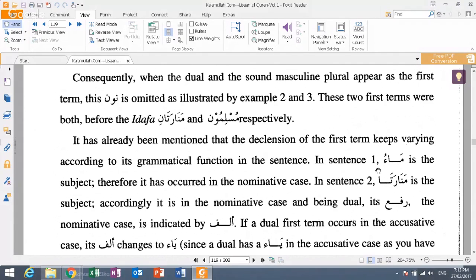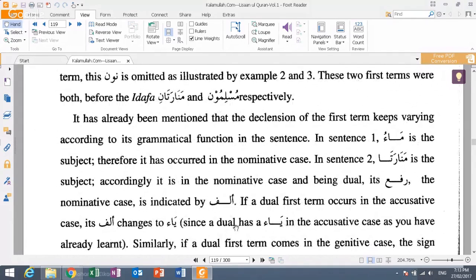In sentence 1, ma'u is the subject, therefore it occurs in the nominative case. In sentence 2, manarata is the subject, accordingly it is in the nominative case, and being dual is rafa, indicated by alif.